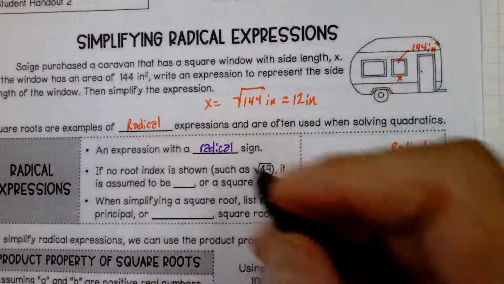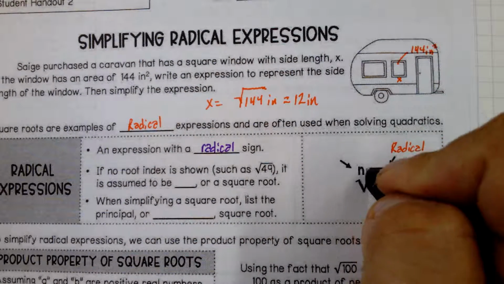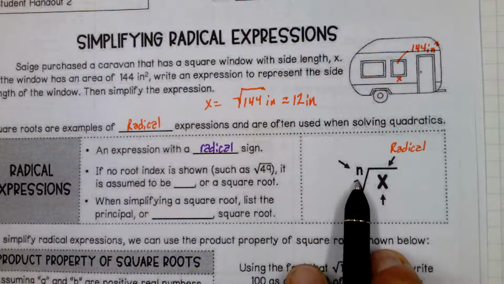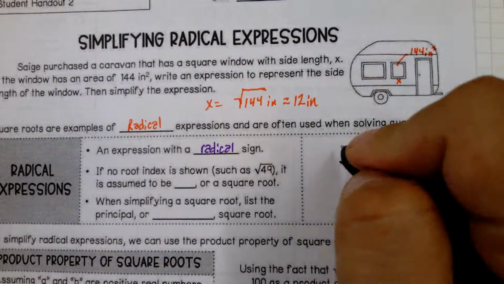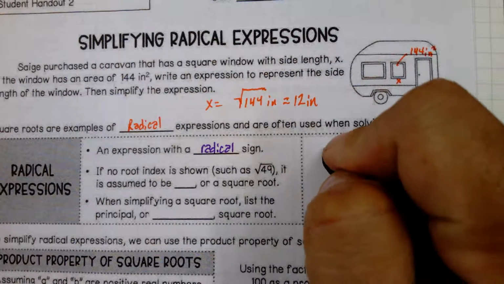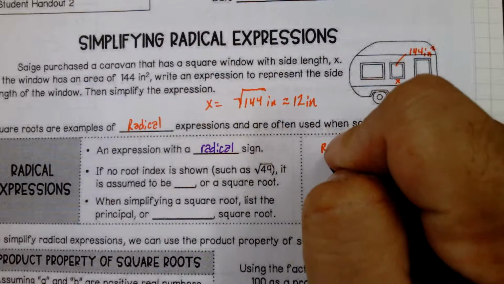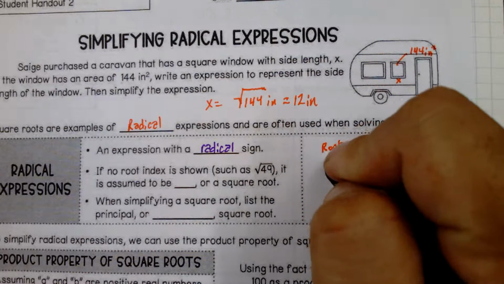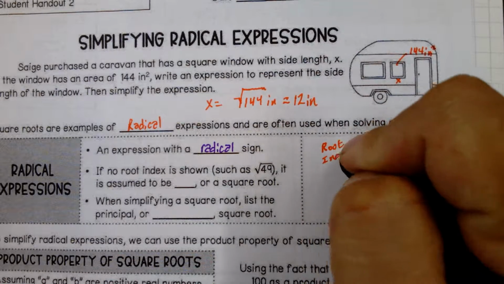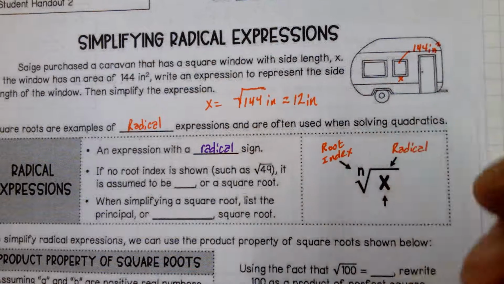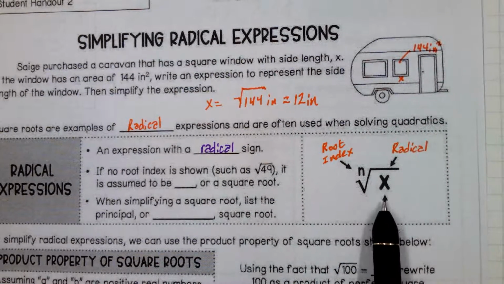And whatever number we have here, it's the root index. We usually call it just the index, but the official name is root index. How about the number inside the square root?